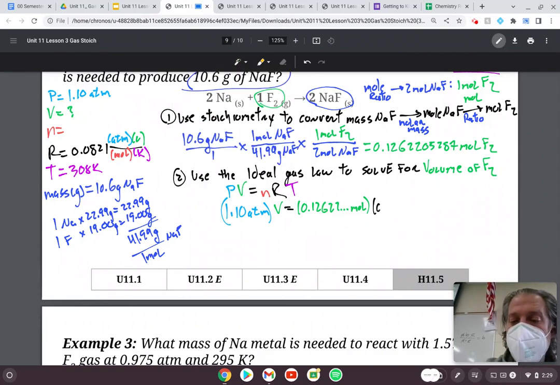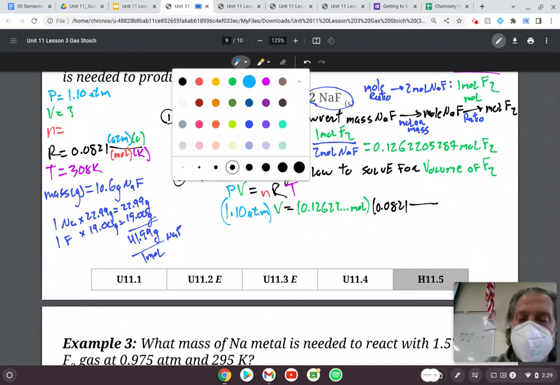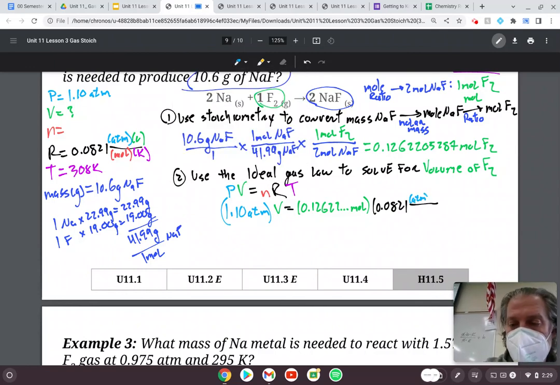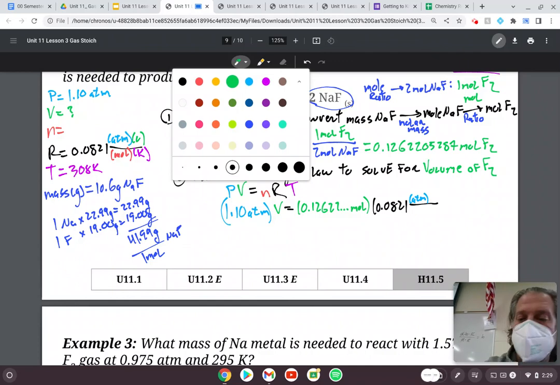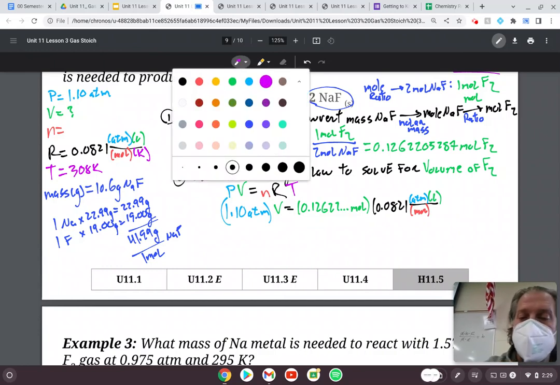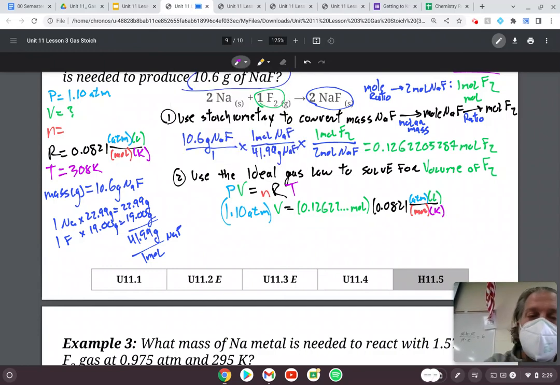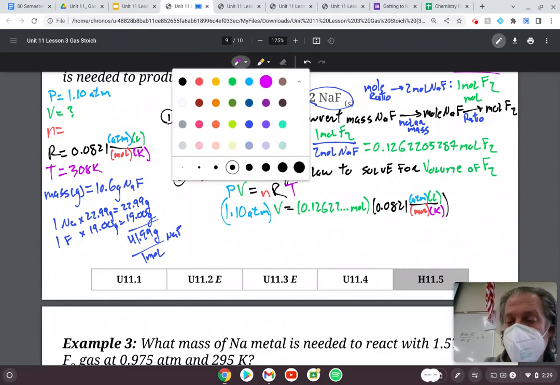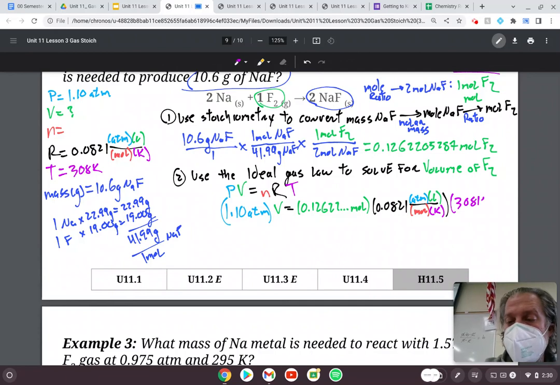I have the R, which is 0.0821 atm liters per mole per Kelvin. And we know the temperature for this problem is 308 Kelvin. So I'm going to combine everything on the right-hand side.